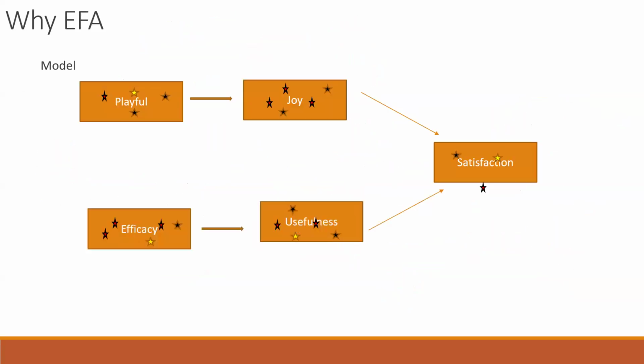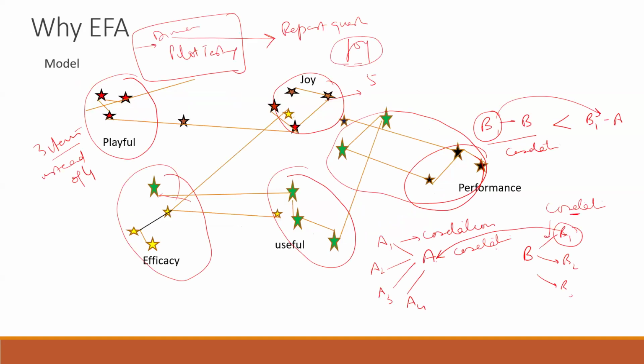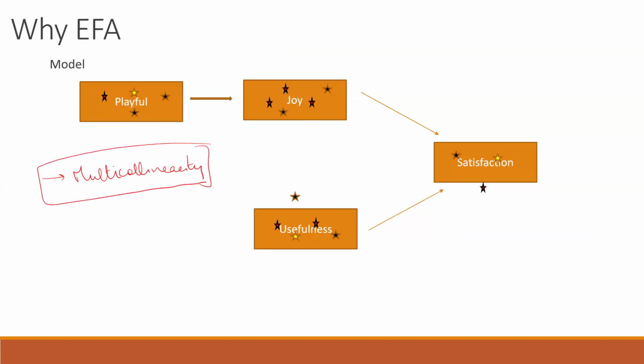So what happens eventually? The model earlier was this, right? But when we run the EFA and we see that the items which were there in playful have moved somewhere else, the joy items have moved somewhere else. So we may ultimately say that in spite of taking 5 constructs, we are now left with only 4 variables, right?